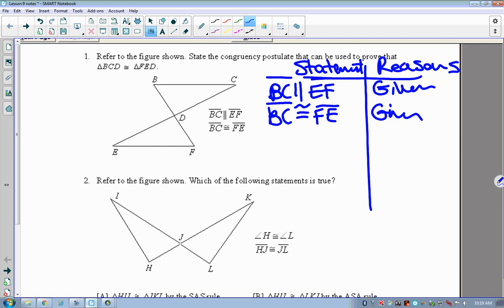So I'm going back to these givens to show them. BC, EF, those arrows show me that those two lines are parallel to each other. The next thing is that they tell me BC is congruent to FE, so those are the same length.